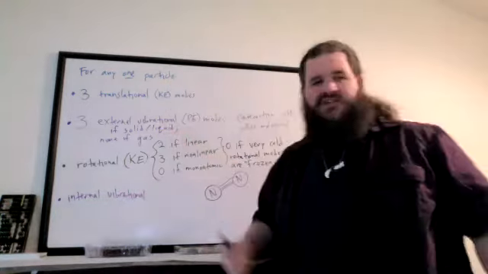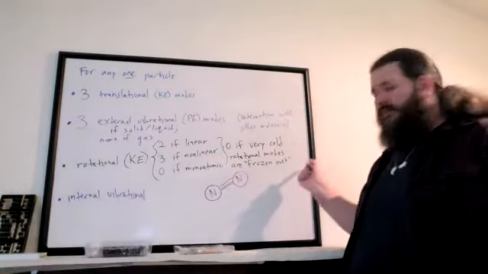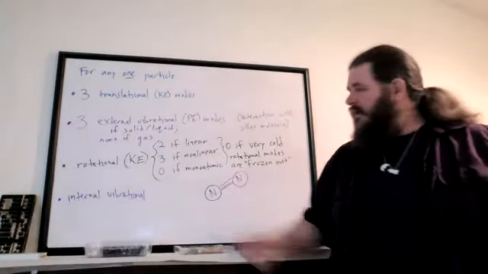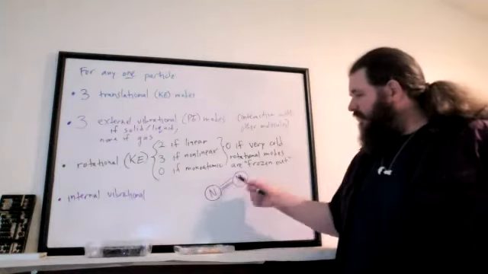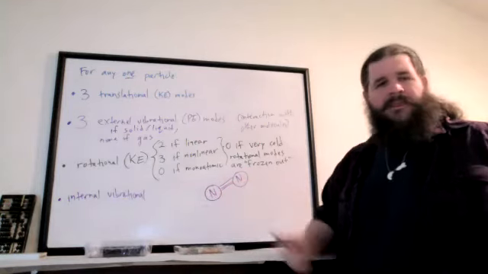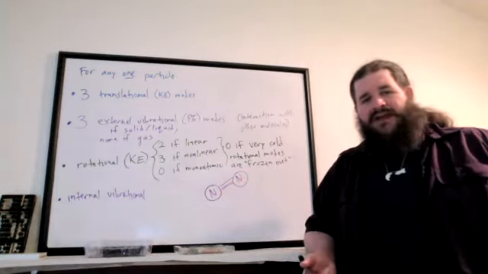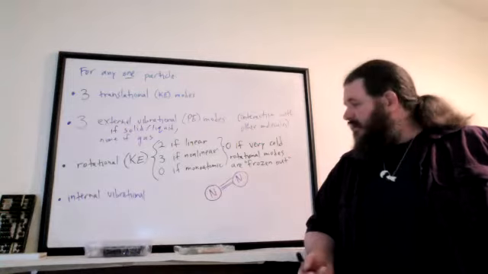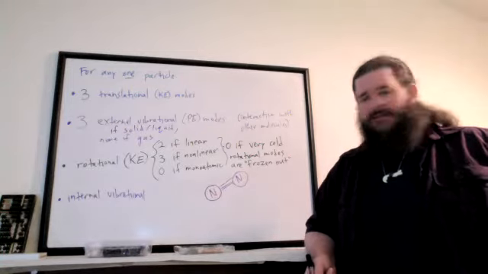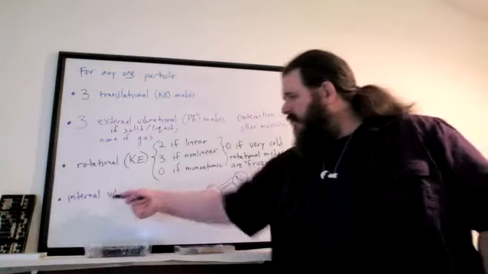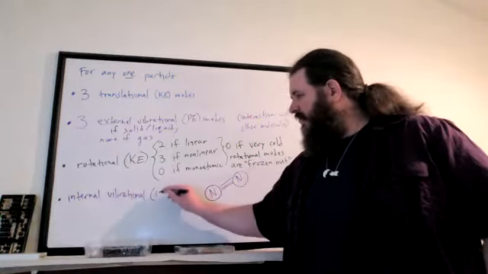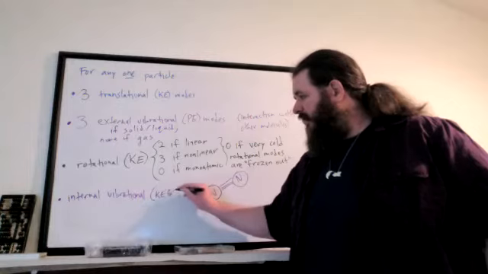So external vibrational modes are the molecule interacting with other molecules nearby, if there are any. Internal vibrational modes are the atoms in the molecule interacting with each other. And since they're in motion, they have kinetic energy. Since they're interacting with each other, they have potential energy. And so the internal vibrational modes, we usually just lump together the kinetic and potential energy of that vibration.